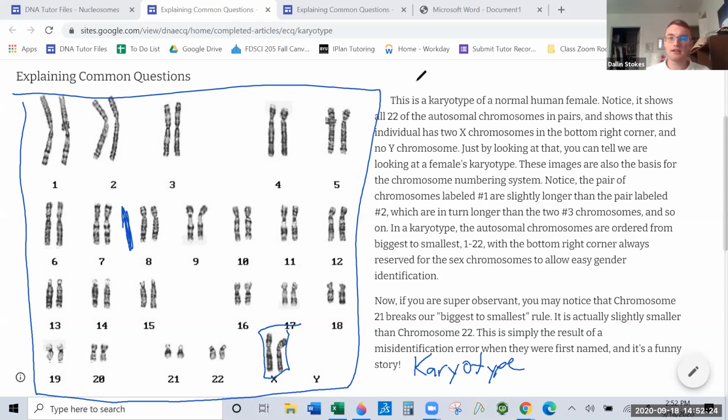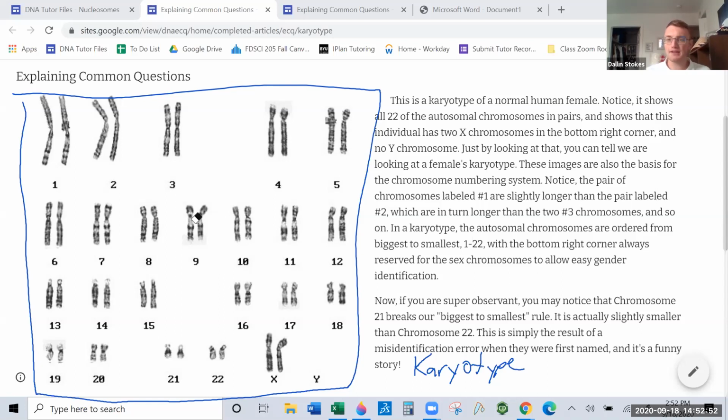The second thing that they use to help tell chromosomes apart is the stripes. Notice, for some reason that we have yet to understand, when you condense the chromosomes down and then stain them with a particular dye, parts of the chromosomes stain darker than other parts. So you wind up with these stripes. Notice all of the chromosomes here are striped.